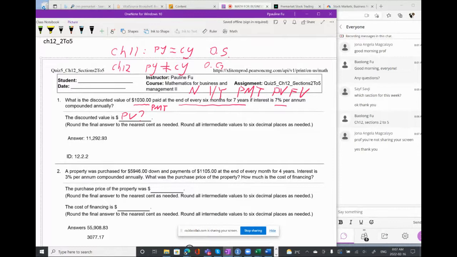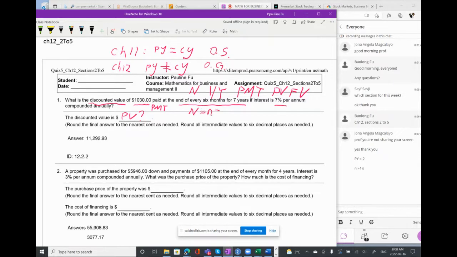What is the discounted value? Discounted value means present value. If you have 1,030, that is PMT, paid at the end of every 6 months for 7 years. So what is term N? It should be capital N. Sometimes I do not distinguish between capital letter N or small letter n.